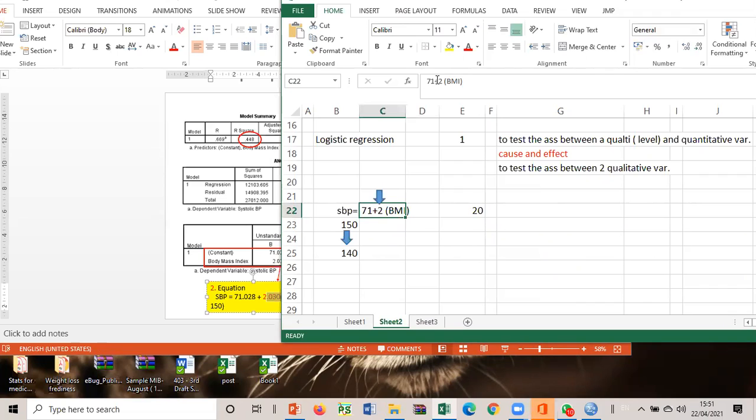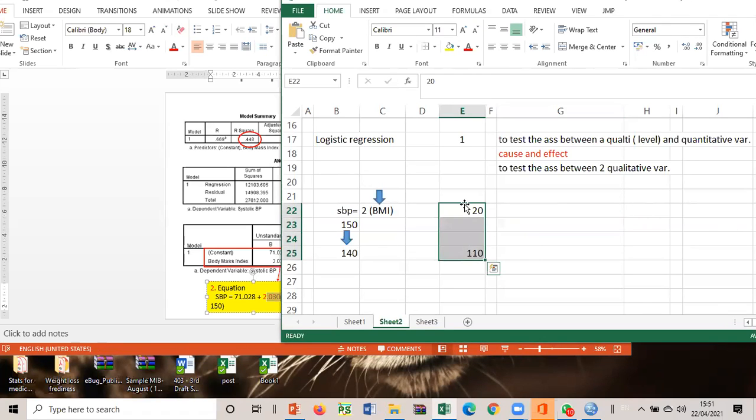Forget about the constant first. If we drop BMI by 20, this BP will go down to 110, right? Yes.